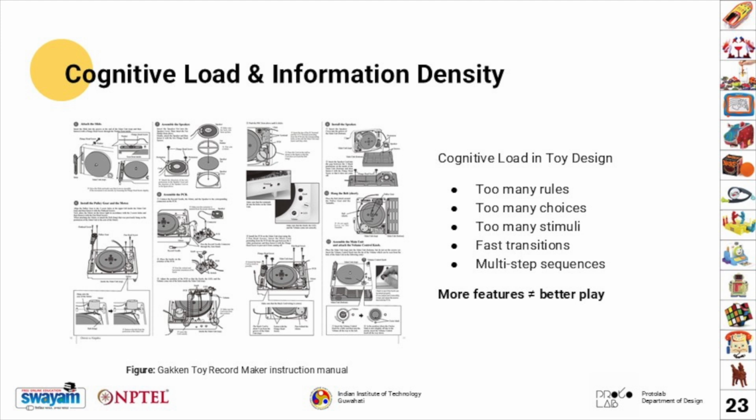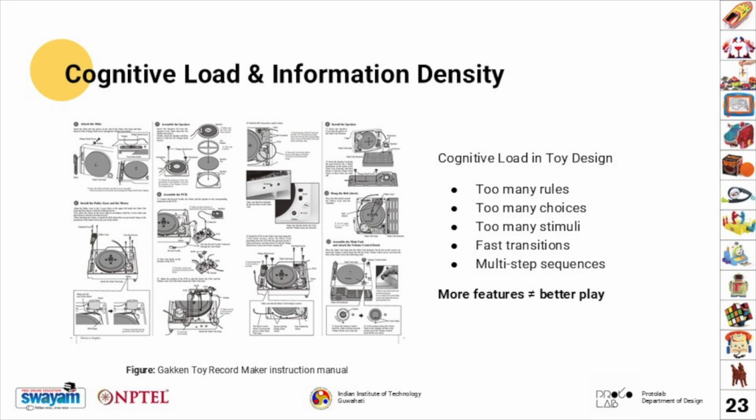The child must remember which button does what, in what order, and what outcomes to expect. This is working memory strain. Young children typically manage only a few chunks of information at a time. If the toy demands sequential memory, press red, then blue, then green, the mental demand increases rapidly.